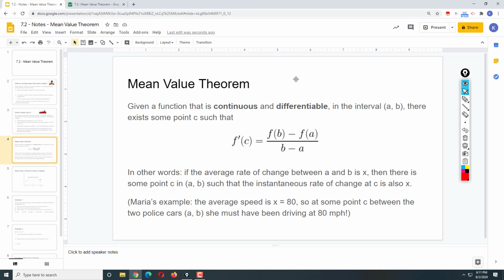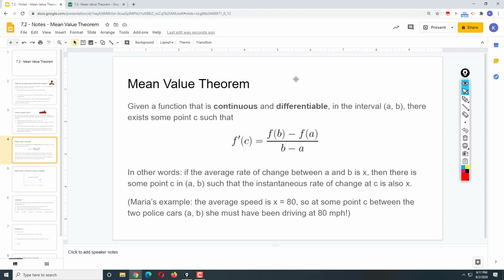Then, in the interval (a, b), in our last problem, the interval is 0 to 0.5, we just write it this way, interval parentheses a, b, close parentheses. In this interval, there must exist some point c, so c is in between a and b, such that f prime of c equals f(b) minus f(a) over b minus a.